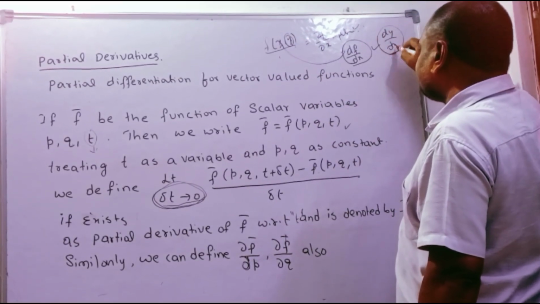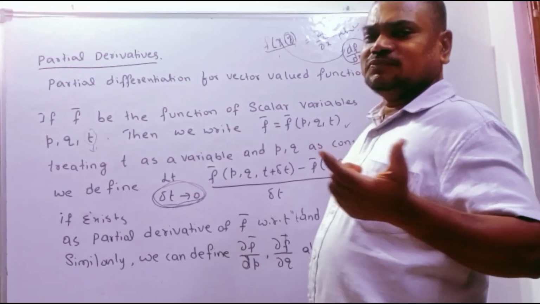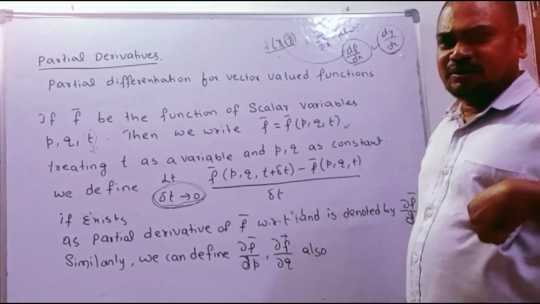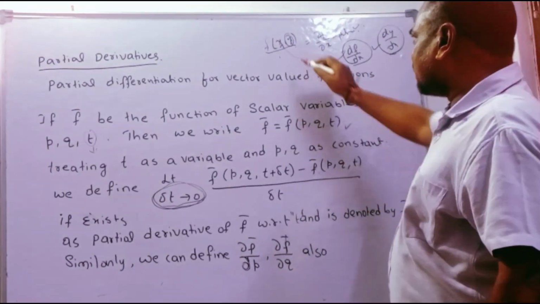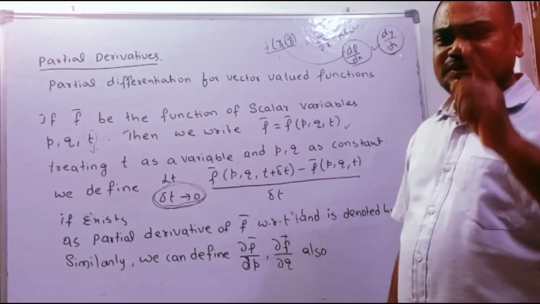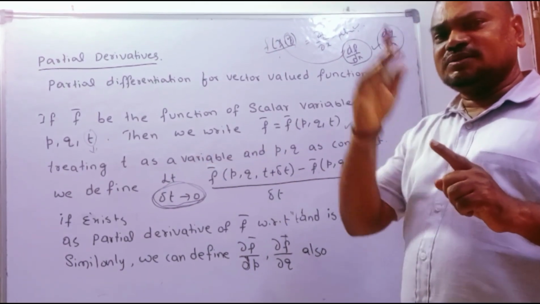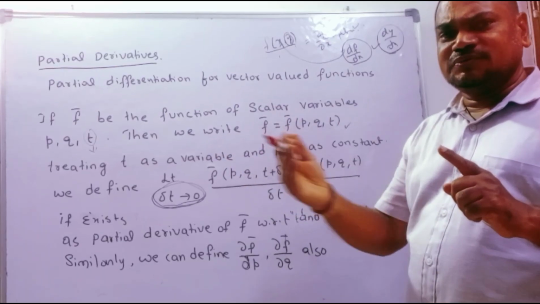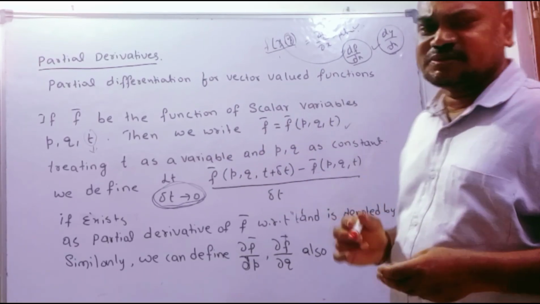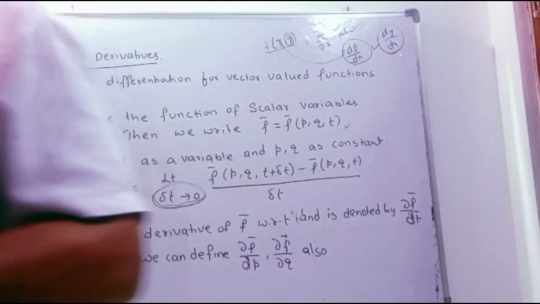In the partial derivative, we differentiate only one variable, and the other variables are constants, so their derivatives are 0. Okay, all of you?